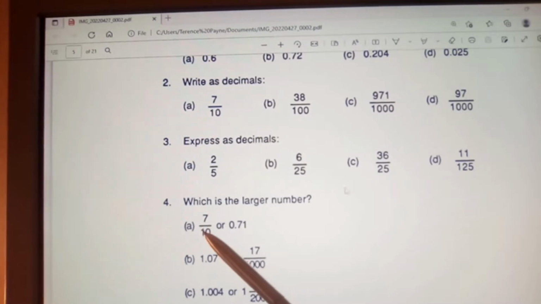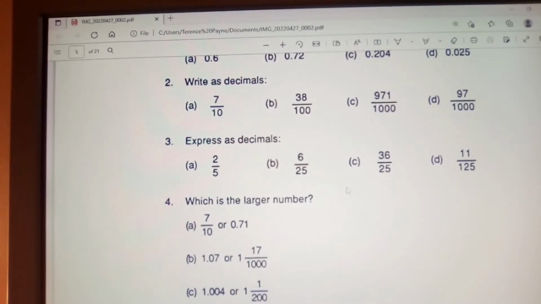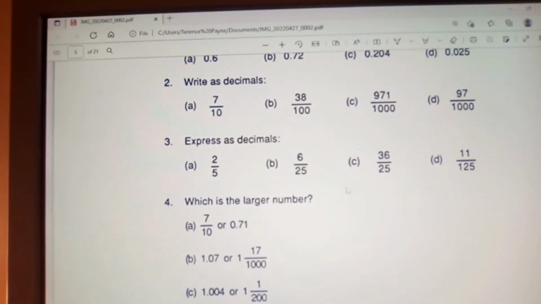7/10 or 0.71. 1.07 or 17/1000. 1.004 or 1 and 1/200.